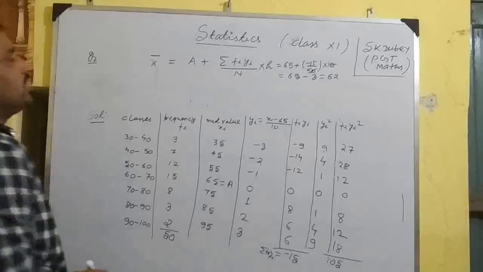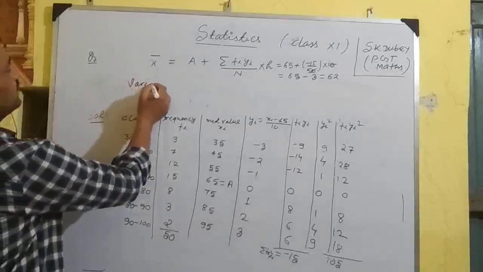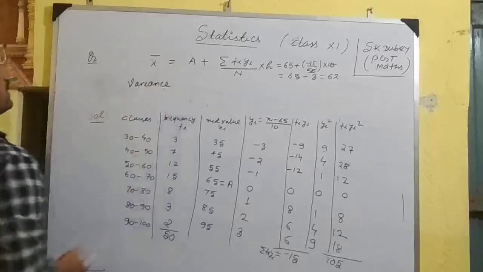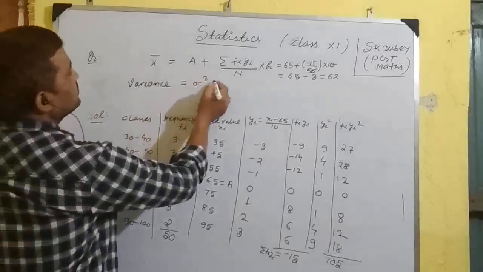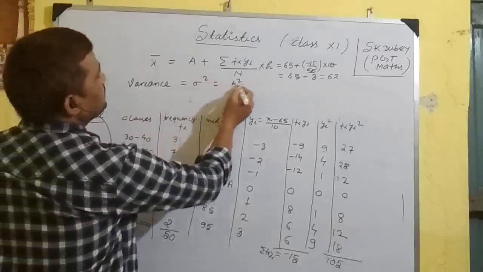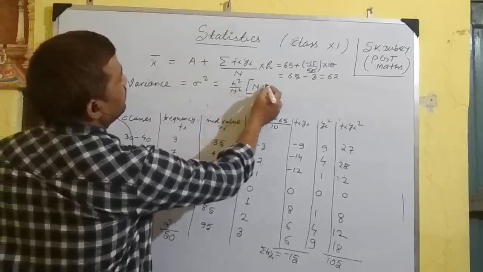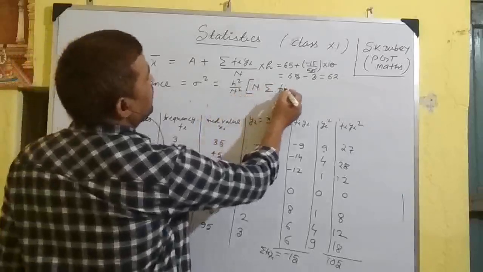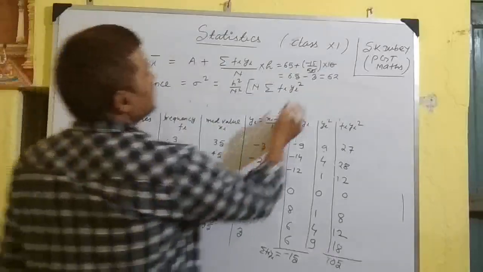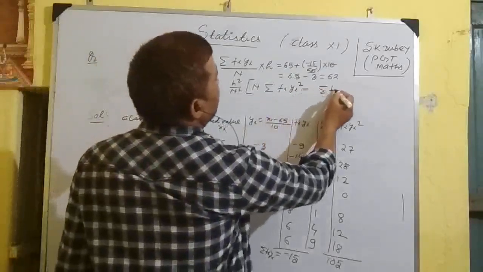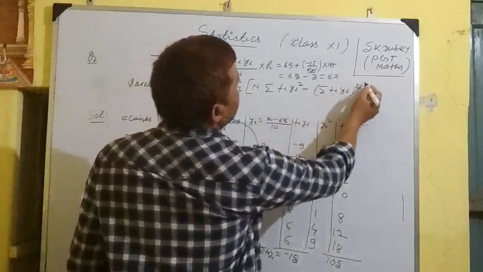Now we will calculate the variance and then the standard deviation. Variance sigma square is h square by n square, into n times summation of fi yi square minus summation fi yi, whole square.